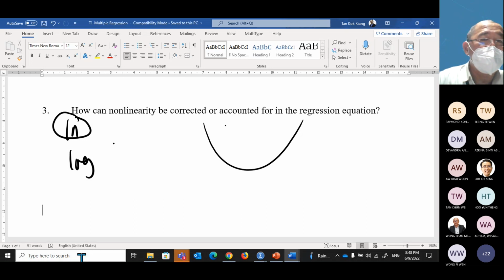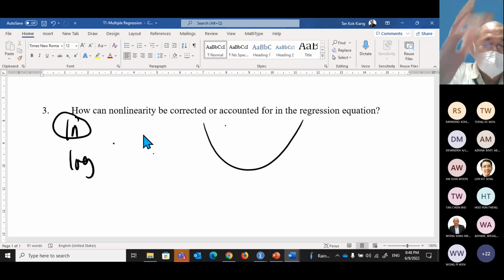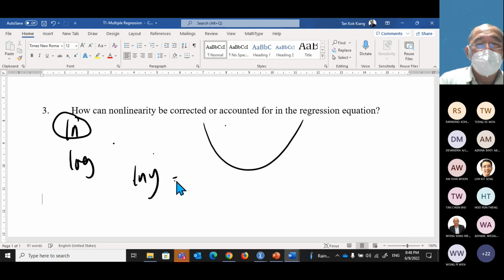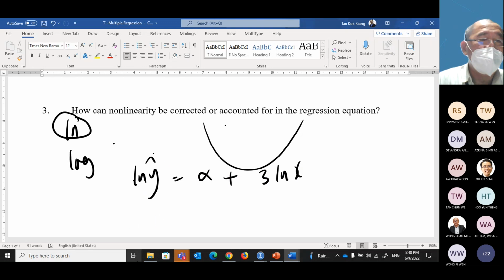I'll show you how to interpret. Example, let's say log y equals alpha plus 3 log x. This is the result. How to interpret the 3?